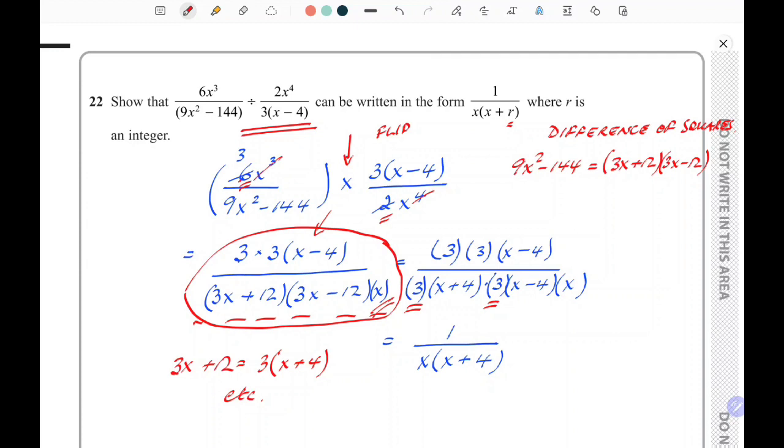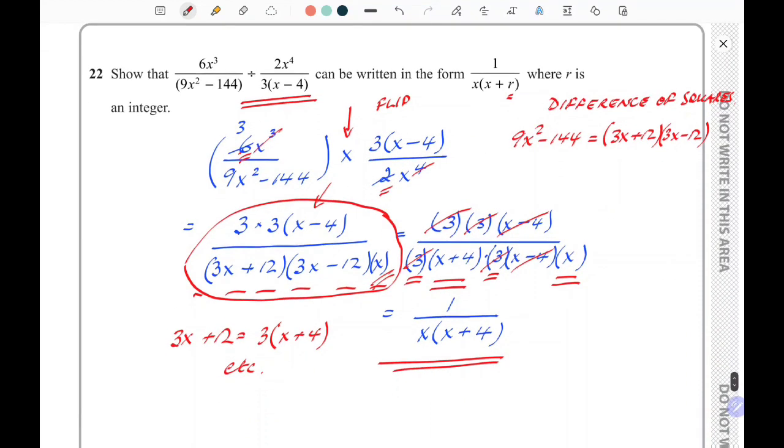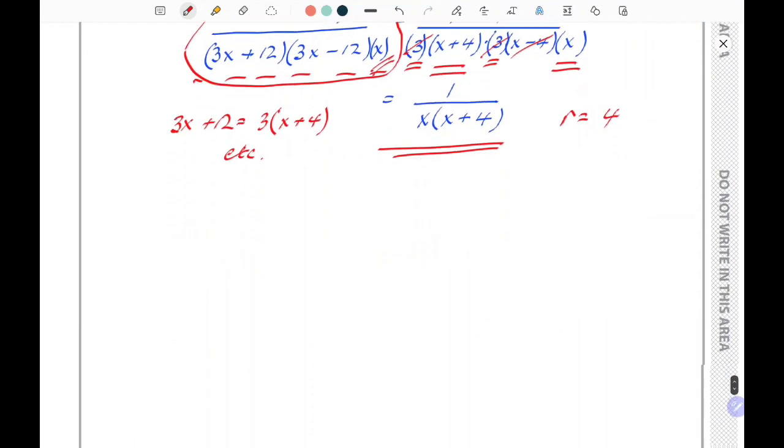So factorizing that out, notice how the 3's on top cancel with the 3's on the bottom, and the x minus 4 in the numerator cancels with the x minus 4 in the denominator. And therefore we're left with just 1 over x and x plus 4. All right. And that's your final answer. And therefore, remember, note r is 4.